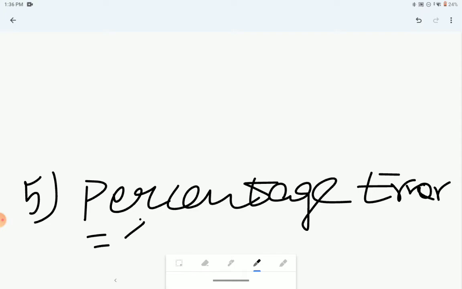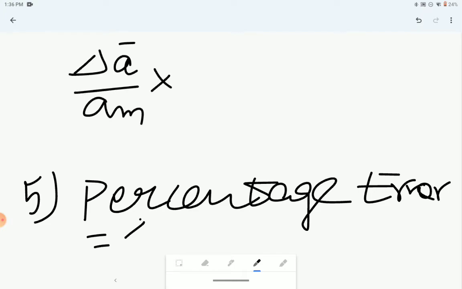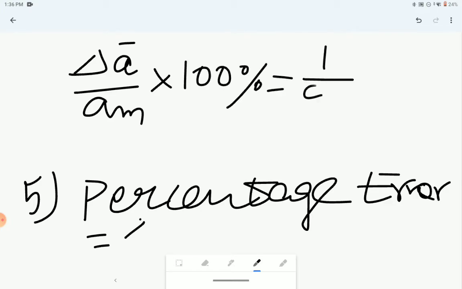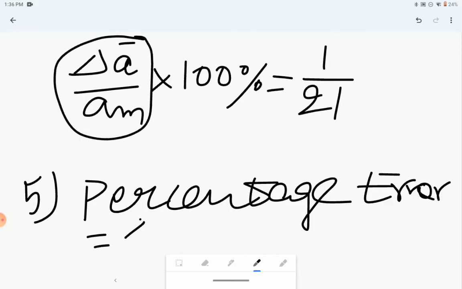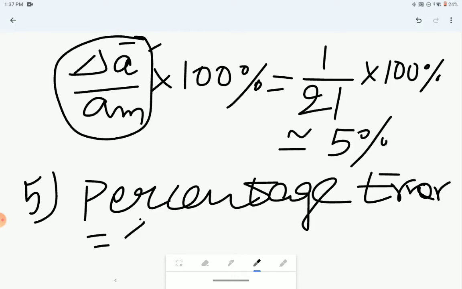Percentage error is defined as delta A bar upon mean value into 100%, which is the relative error or fractional error, 1 by 21, into 100%, which is approximately equal to 5%. This is the basics of error. Let us discuss problems of error in the next video, which I'll be uploading in 2 minutes.